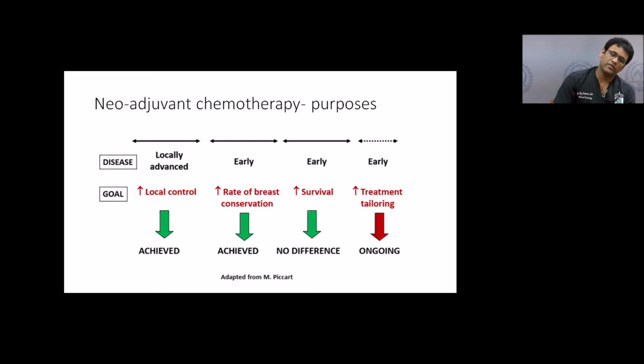And by doing that, we are able to see who are the patients who have had adequate therapy and they have achieved a complete response, and therefore they are unlikely to relapse. Whereas those who do not achieve a complete response, it tells me that their tumor has a bad biology and they'll probably need more chemotherapy. So this sort of treatment tailoring is an advantage that is given only through neoadjuvant chemotherapy and not through adjuvant chemotherapy.